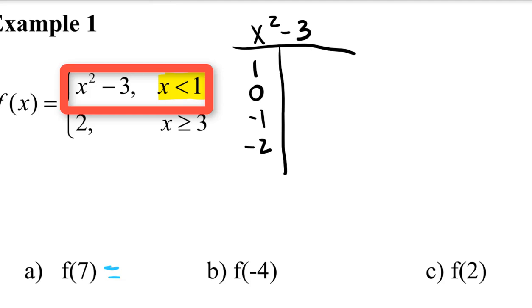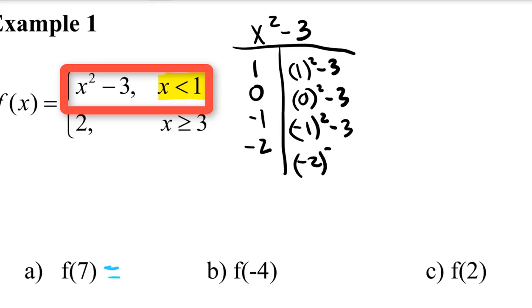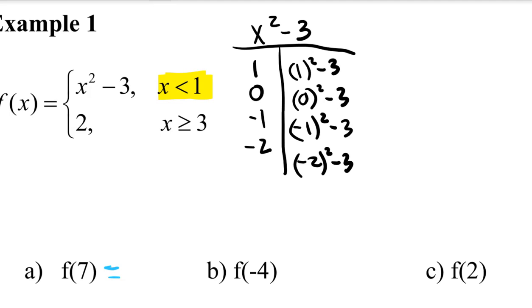From here, we'll just plug each one of these values into the x squared minus 3 formula. So that would mean 1 squared minus 3, 0 squared minus 3, negative 1 squared minus 3, and negative 2 squared minus 3. They're my input values. The answer is my output, or my y value.